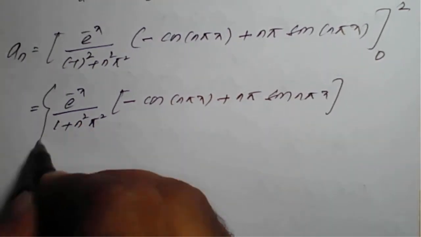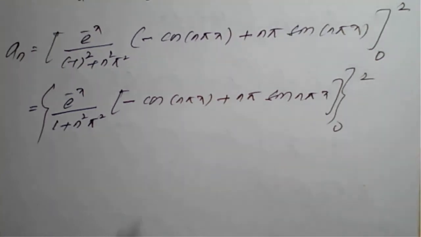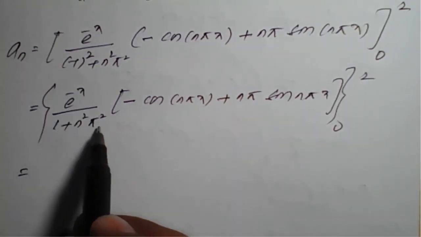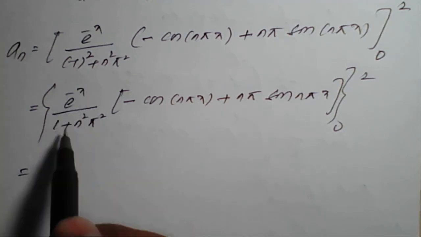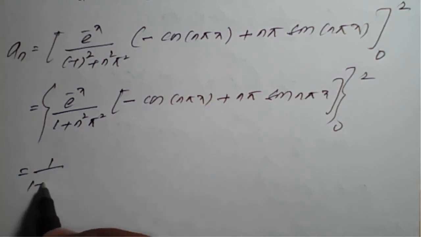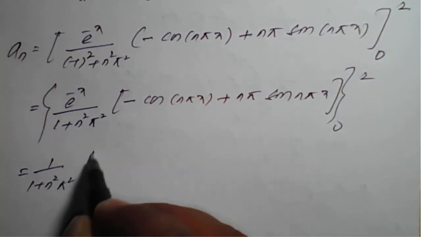So now we'll finally apply the upper and lower limit. What happens, we'll see. While applying, 1 upon 1 plus n square pi square is a constant.